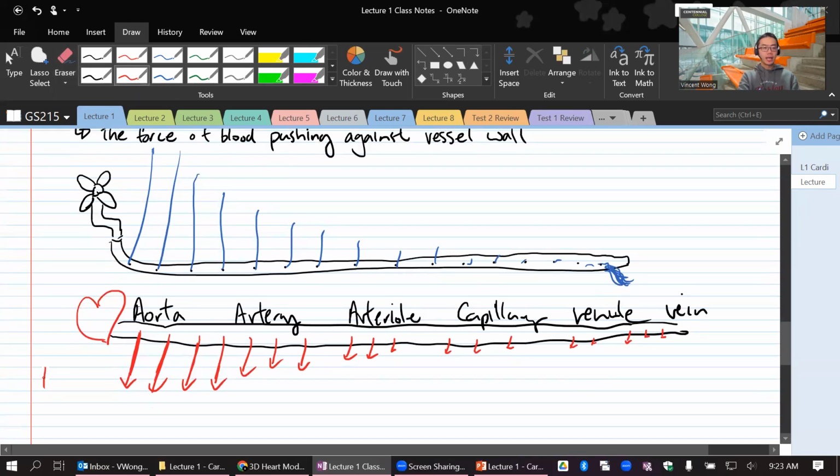So really high blood pressure, and then really low blood pressure, for the same reason as the water hose. The further away you are from the source that's creating the pressure, the lower the pressure will be.